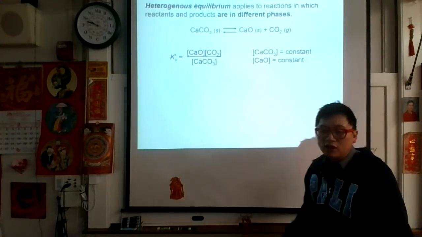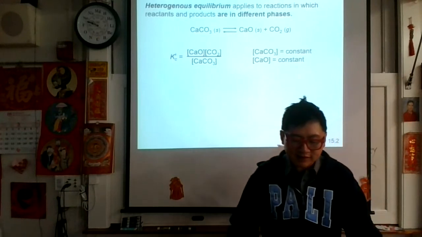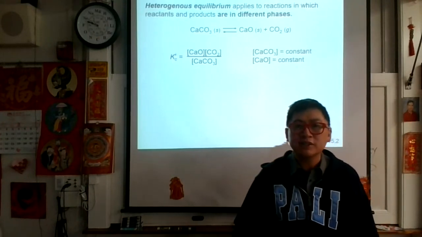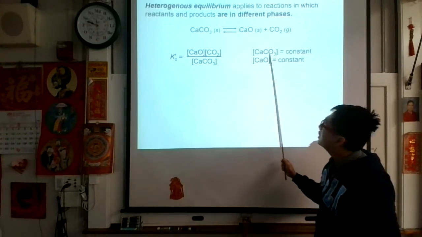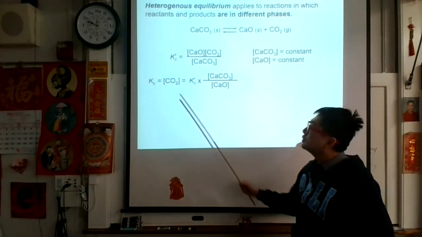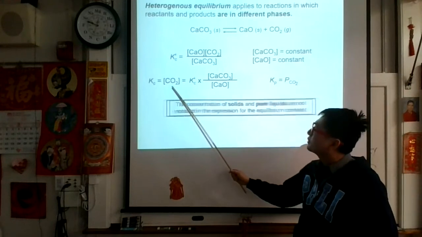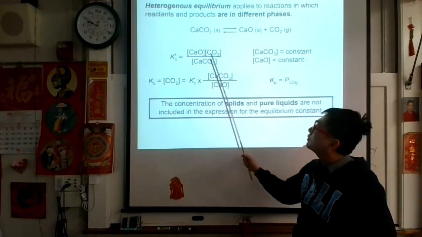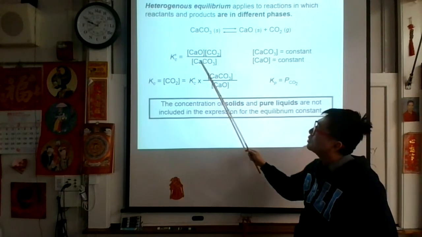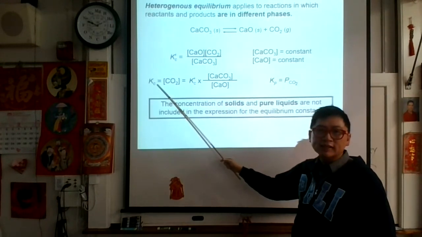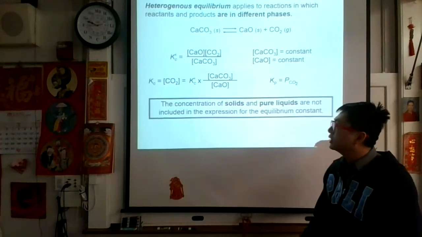Or we do concentrations of gases, but we do not do concentrations of solids. So they're always constant. They never change. Because of that, we're going to exclude them completely from the equation. So the solid calcium oxide and the solid calcium carbonate, we don't include in the Kc or Kp expression.